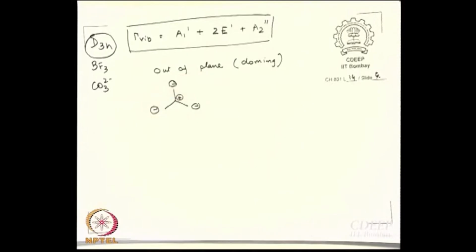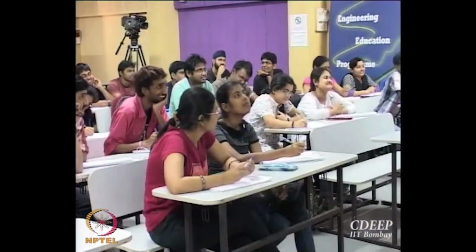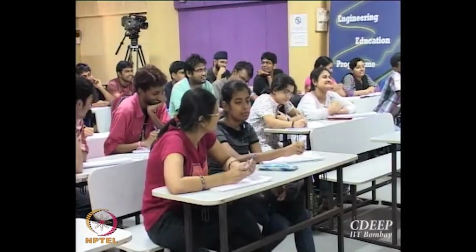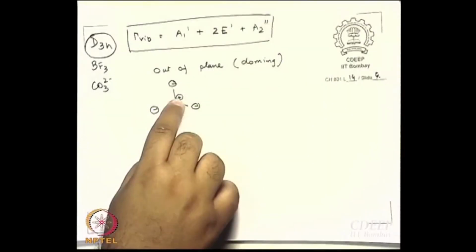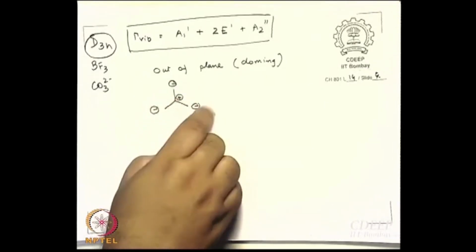What does that mean? There is a delocalization of charge from the B atom to the fluorine atoms. So, the fluorine atoms become all negatively charged and B becomes positively charged. We are talking about vibration here, no question of charge. Plus means this atom is coming and trying to hit you, and minus means these atoms are scared of you and are running away from you.